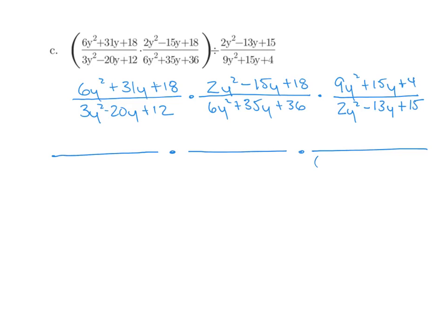Starting with the bottom right, I have 2y squared is 2y and y. Things that multiply to 15 are 5 and 3. In order to get to 13, I think I want to multiply 2y by 5. That gets me to 10. If I combine that with 3, I do get 13.